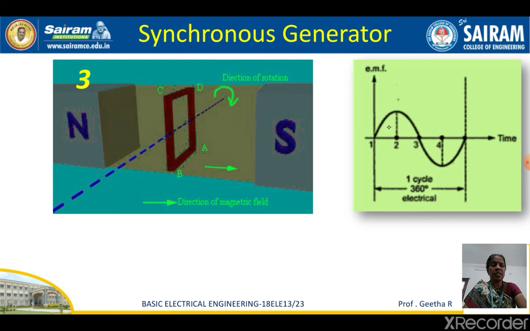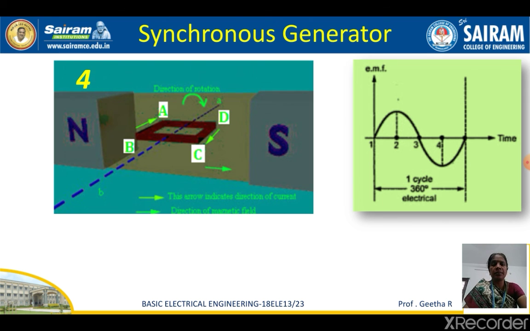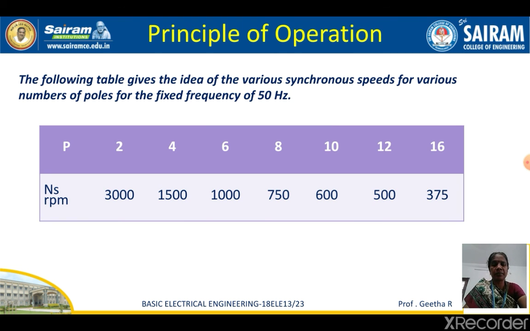At position 3, similar to position 1, it is parallel to the flux lines, so the EMF induced will be 0. Now from position 3 to 4, again the portion of the flux lines cut starts increasing, so the EMF also increases, but in the opposite direction. At position 4, the EMF will be maximum in the opposite direction.